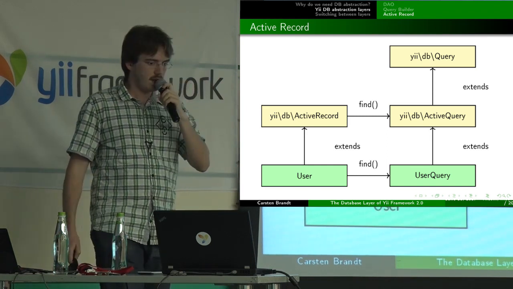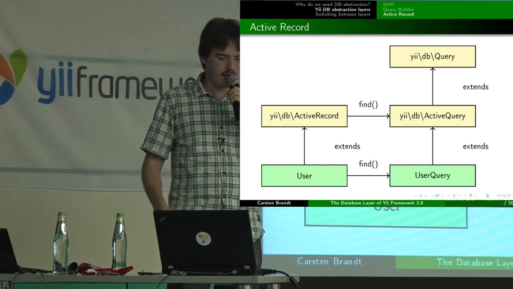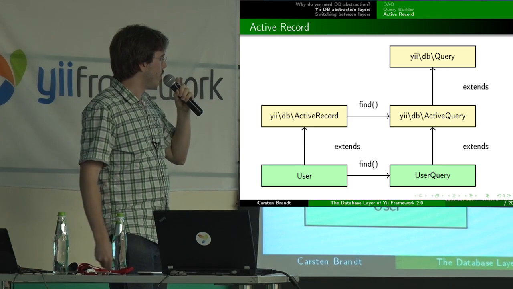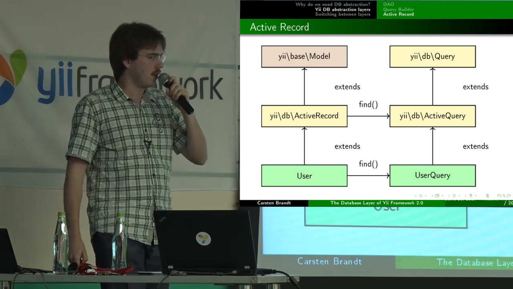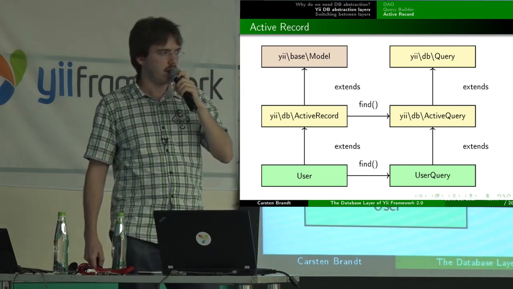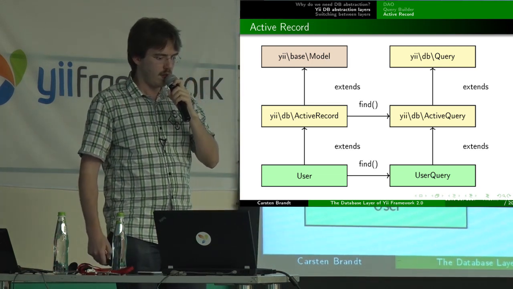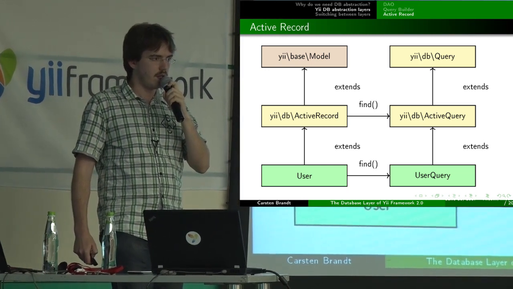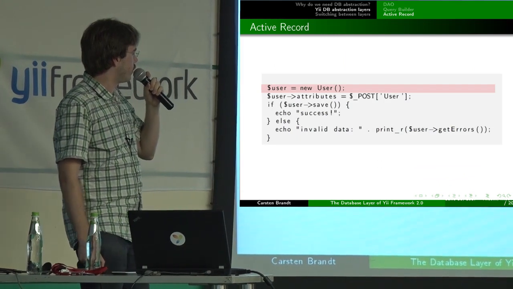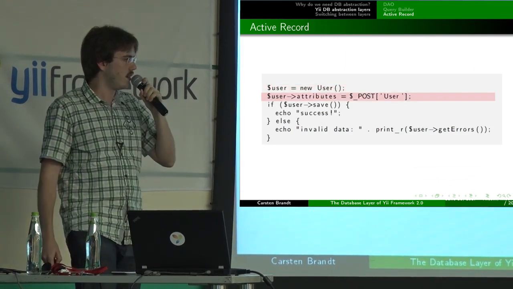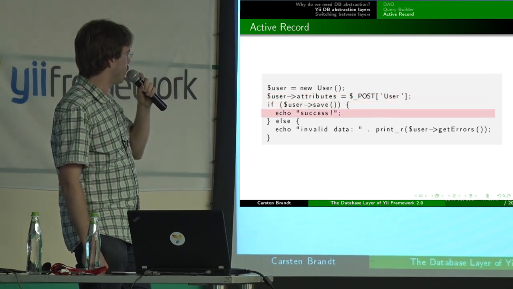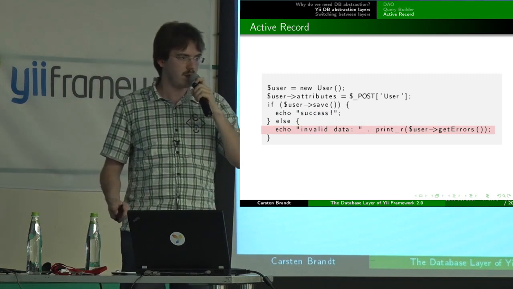And another nice thing is that ActiveRecord not only provides the same interface for the querying as the lower layer, but we also have the extended model, so we can directly work with the validation and form input functionality that is provided by the model. So a new user is created, we assign the attributes by post, call save, on success we are happy, and if not we get the validation errors back.